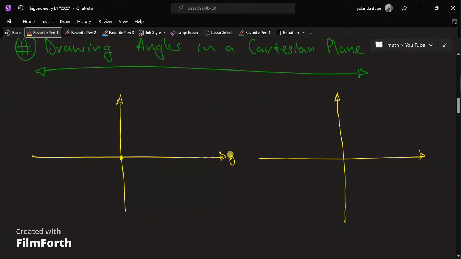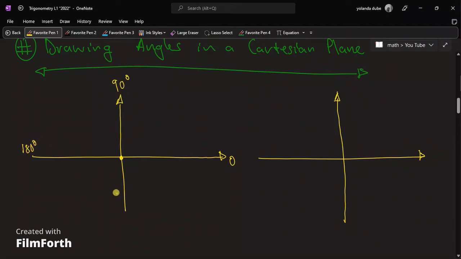Because remember, every time you're measuring something, there has to be a starting point, which we call the 0 of the reference frame. So the 0 of this reference frame for drawing angles is the positive x-axis. Then this tip is usually labeled 90 degrees, which means that all angles that lie within this region should always be between 0 and 90 degrees.